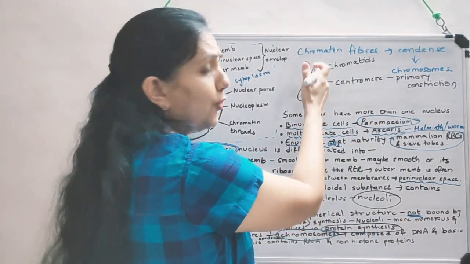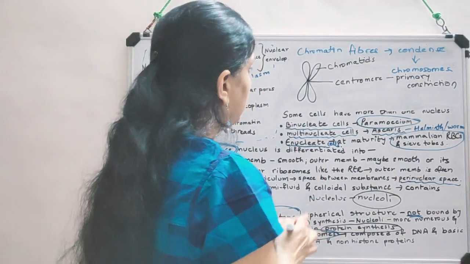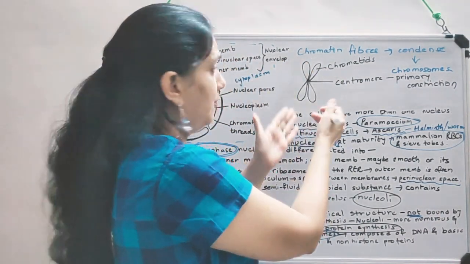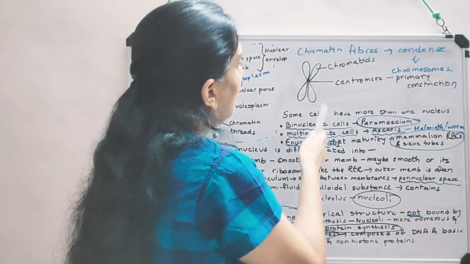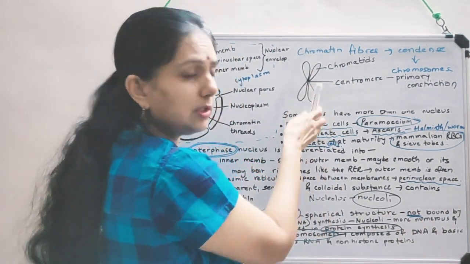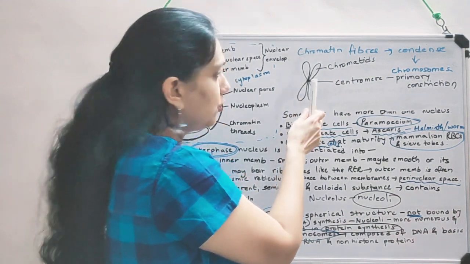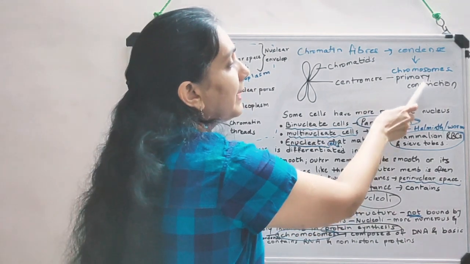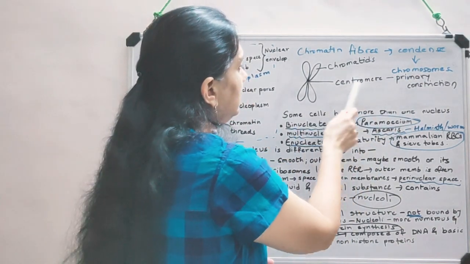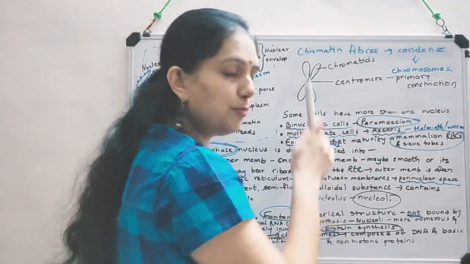So this is the structure of chromosome. It is having 4 chromatids and it is equally half. You can see the two sides are equal. Now somewhere the chromatids constrict at a certain point, and that is called primary constriction, and the term is centromere.